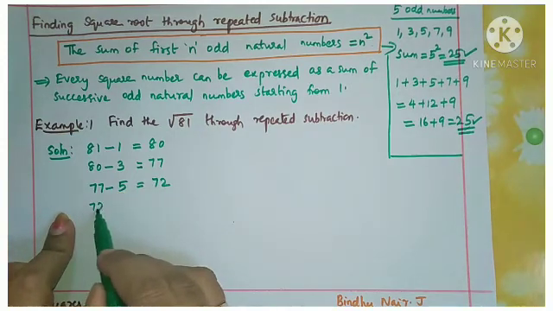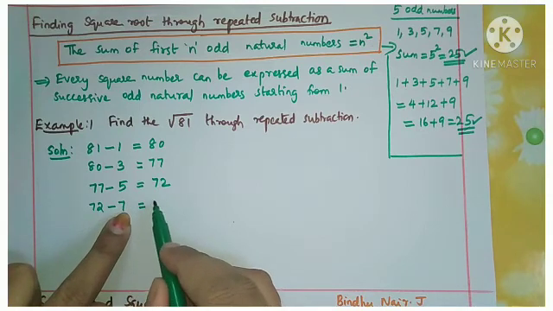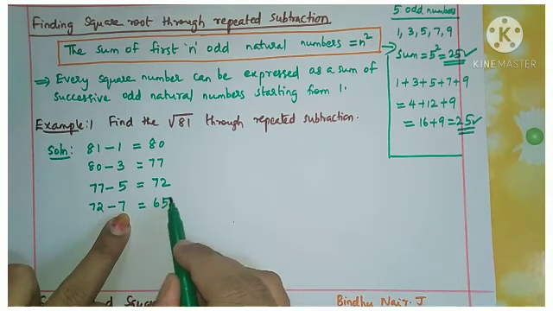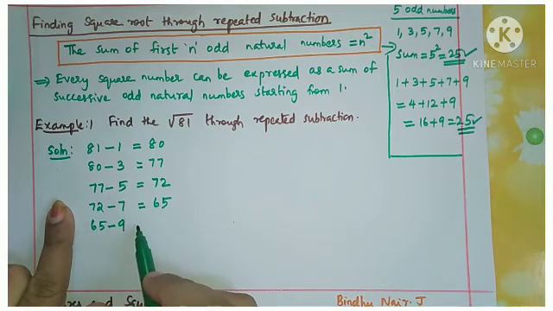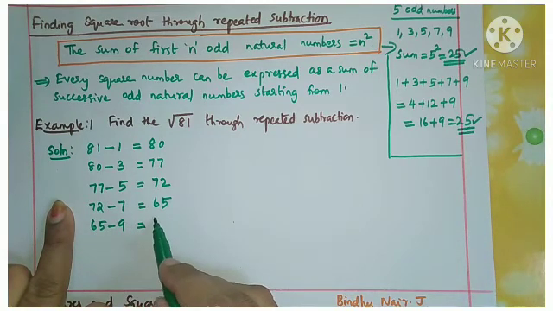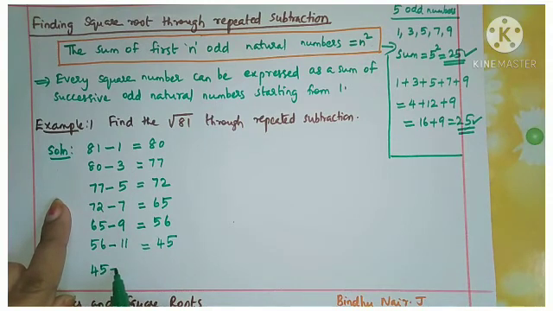Now 72 minus the next odd number 7 is 65. Then 65 minus the next odd number 9 is 56. Now 56 minus the next odd number 11 is 45. Then 45 minus the next odd number 13 is 32.